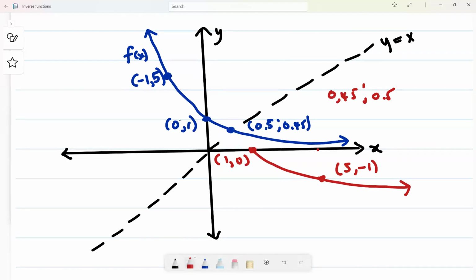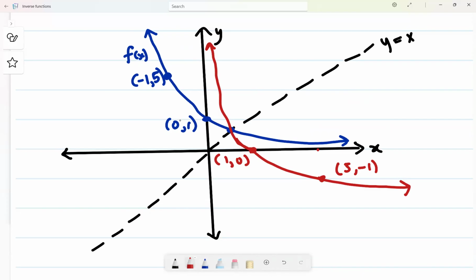Can you see that? Then where is 0.5? 0.5 should be somewhere in the middle. Then it will do something like this eventually. We don't need this point. Without it, it's fine. Okay. Such a weird graph.